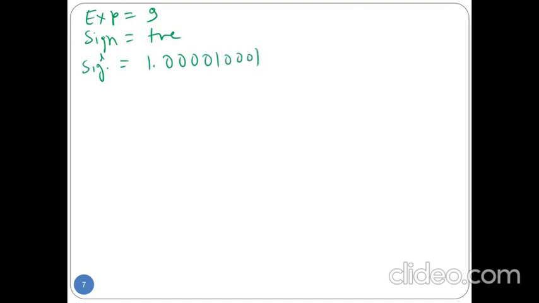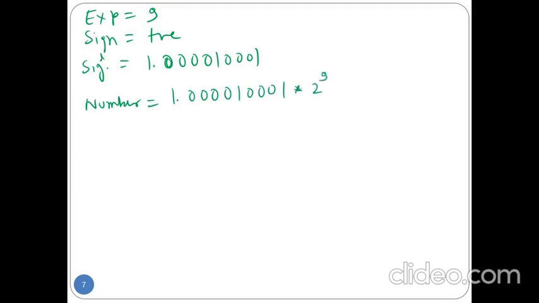So far we have the exponent is 9, the sign of the number is positive, and the significand is given by 1.000010001. Okay, so let's write this number in scientific notation. So the number that we are looking for is actually 1.000010001 multiplied by 2 to the power 9.